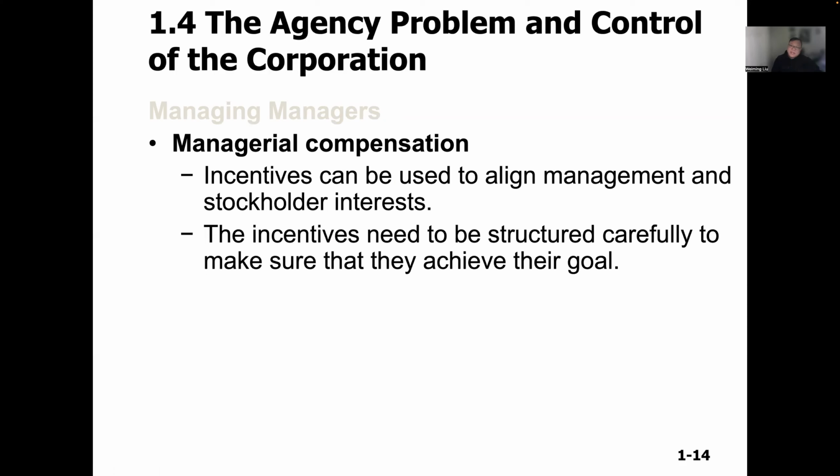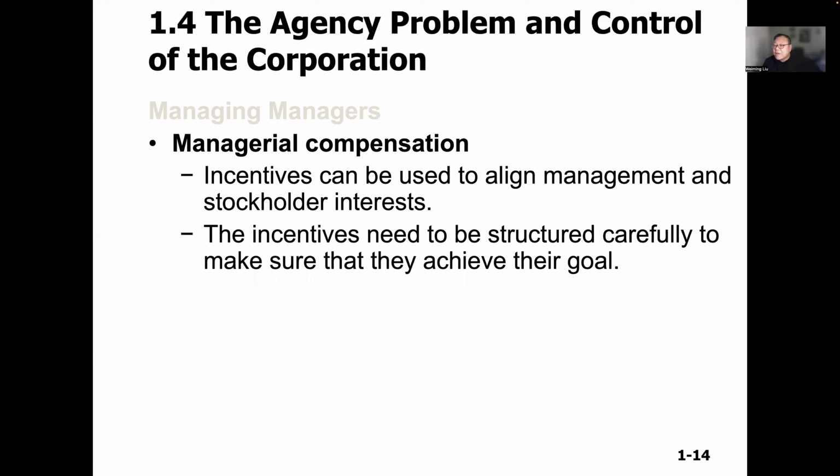Well, the first one is they offer a package, the incentives for these managers, to try to align managers' interest with the corporation's interest. For example, nowadays the CEOs of big corporations have a certain proportion of their compensation in the form of stock options or tied to stock price.